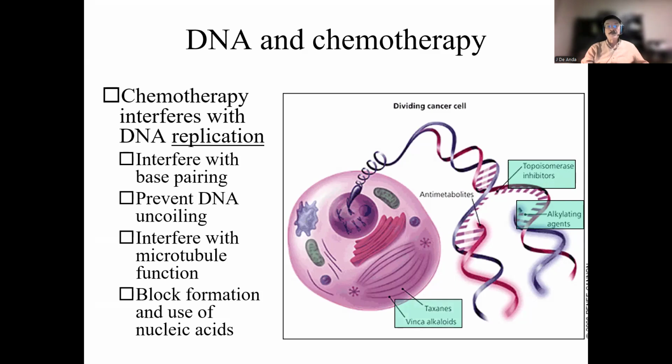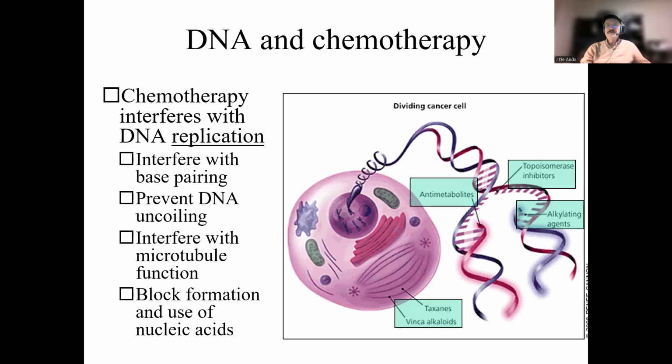And so, for example, there are some kinds of chemicals that prevent the formation and function of the microtubules. These are the cellular structures that essentially allow the chromosomes to move away from each other and into the new cells. And then another type is the ones that block essentially the formation of nucleic acids. These are different kinds of chemicals that interfere with the function.